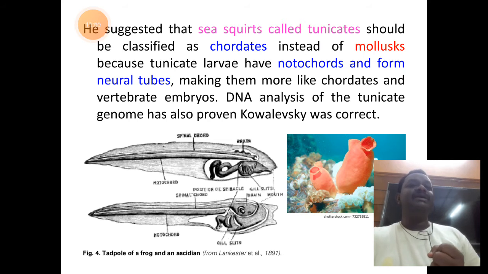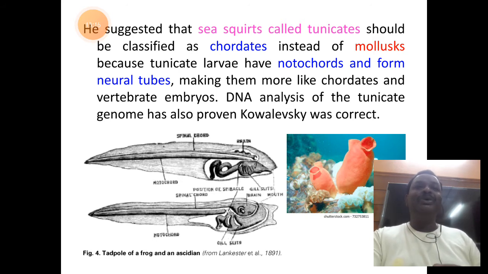But it was Alexander Kowalevsky who studied its larval stage, where he could find the structure of a notochord and a neural tube in the larval stage. So he placed the sea squirts under the group of chordates.